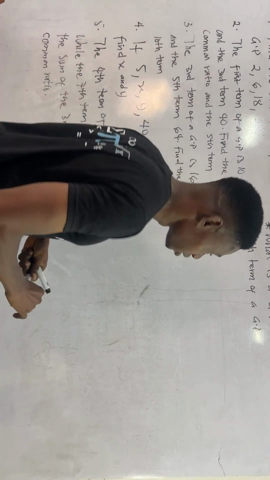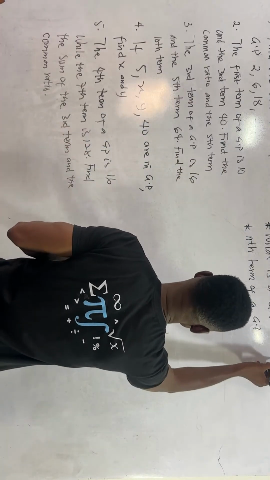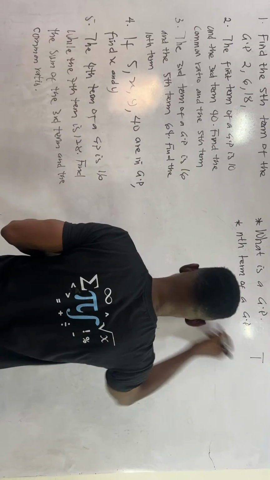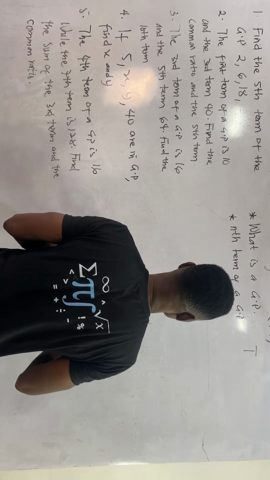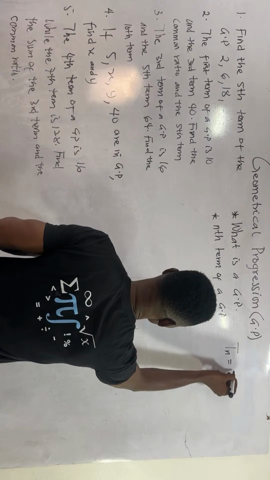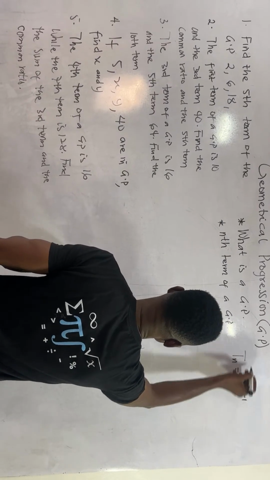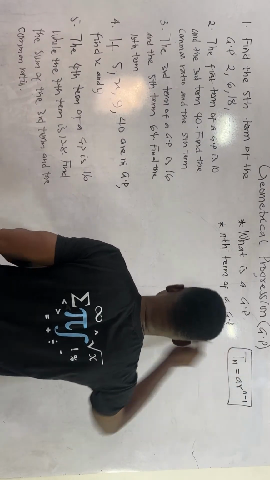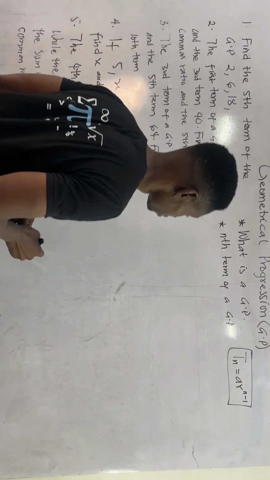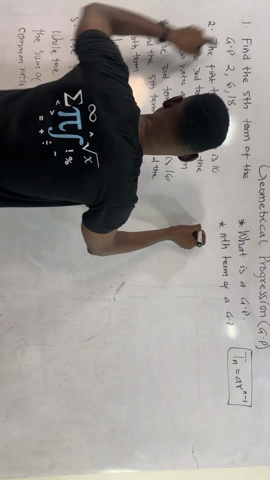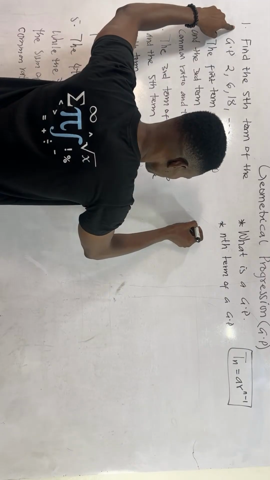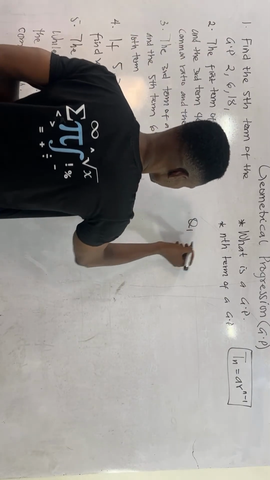Let me put the formula somewhere: Tn equals AR to the n minus 1, because we're going to be needing it a lot. Before we come to the questions here, let's solve this. Q1.